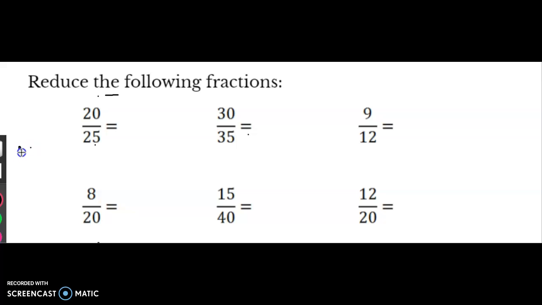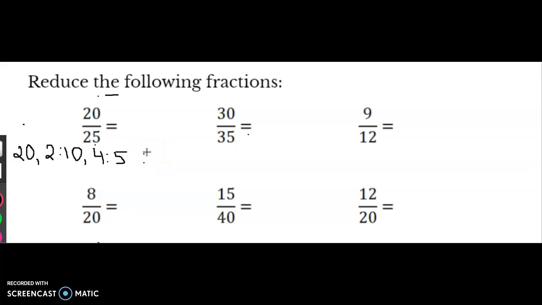20 divided by 1 is 20. 20 divided by 2 is 10. 20 divided by 3 we cannot divide. 20 divided by 4 is 5.